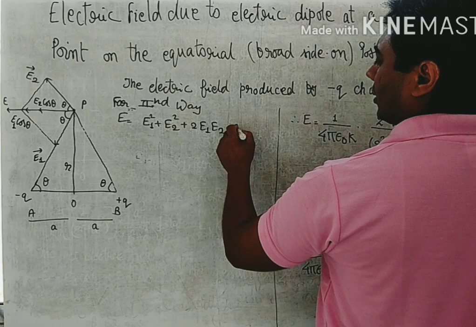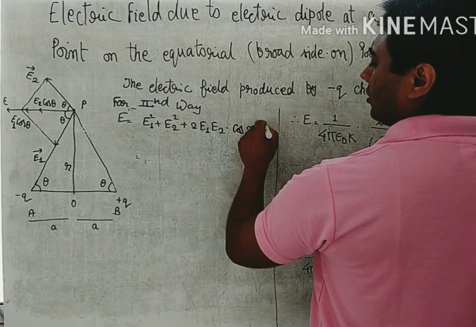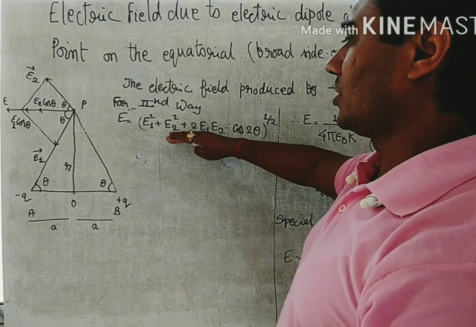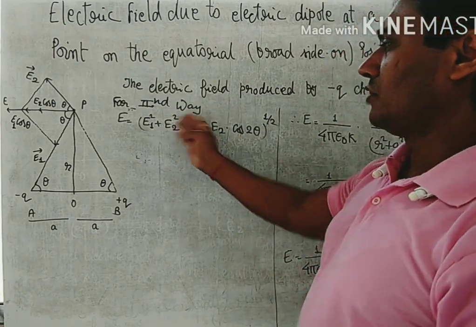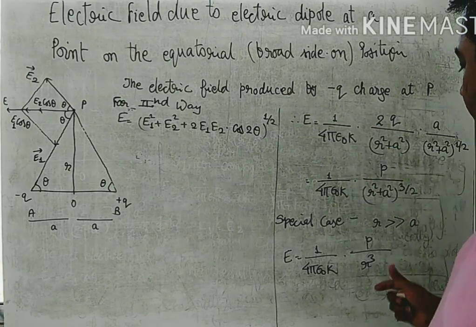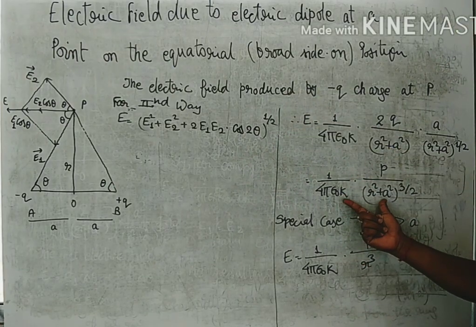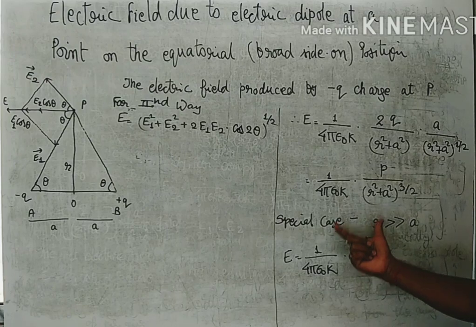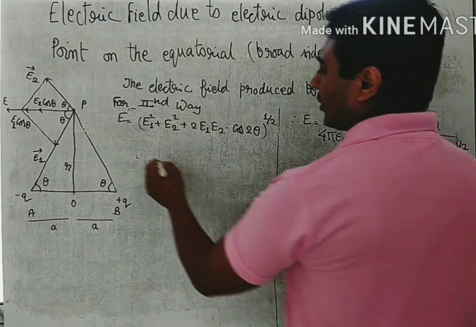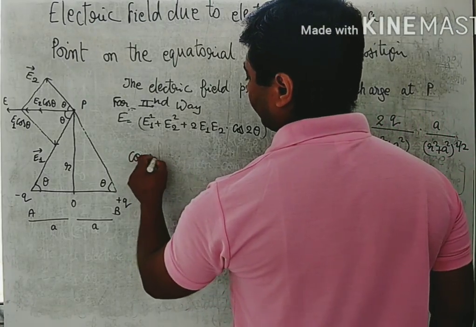The angle between the two is 2 theta, so cos 2 theta. You just proceed using this by placing those E1 and E2 and finding out cos 2 theta. Thereby you'll reach the same conclusion as this one, and you just continue taking this special case and finally come to this.